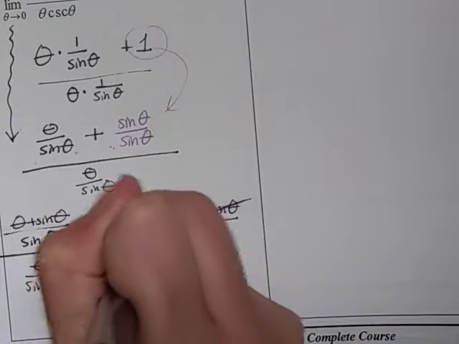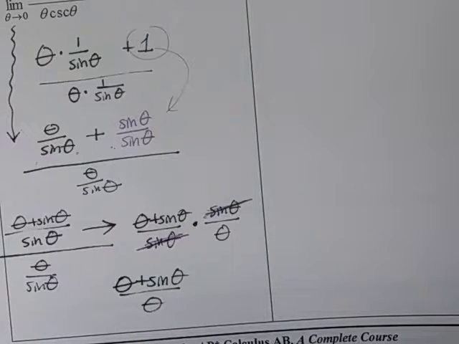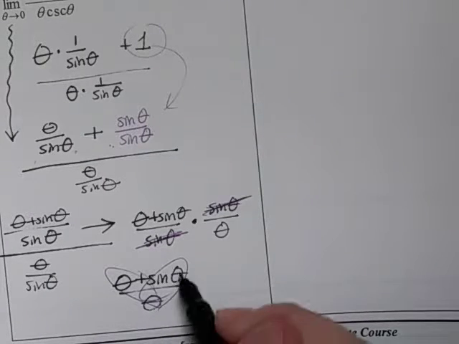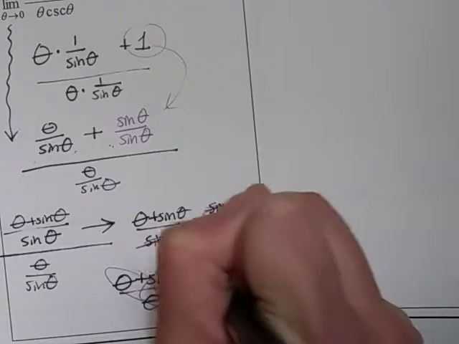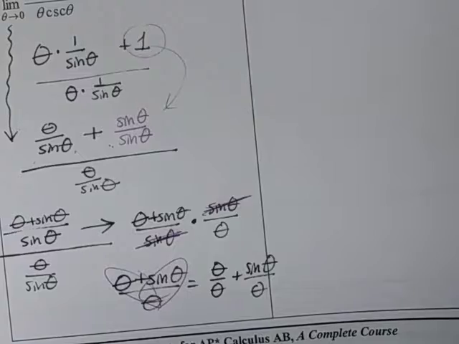I am left with theta plus sine theta over theta. Just like in number 7, I'm going to split this and divide two ways because I see that identity that I'm looking for there. So that all comes down to theta over theta plus sine theta over theta.